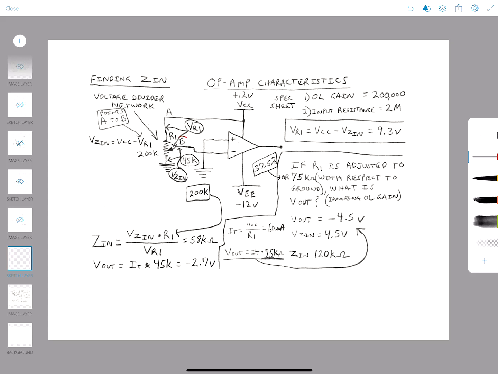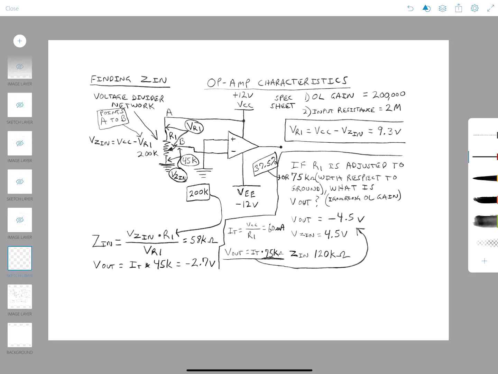At point B right here and at ground, I've adjusted this to a value of 45 kilohms. That would mean that the rest of this resistance, from this point right here and upward, would be 155K, because that would be the rest of the 200K. It's just a random value, a random adjustment. So we have 45K at point B with reference to ground.